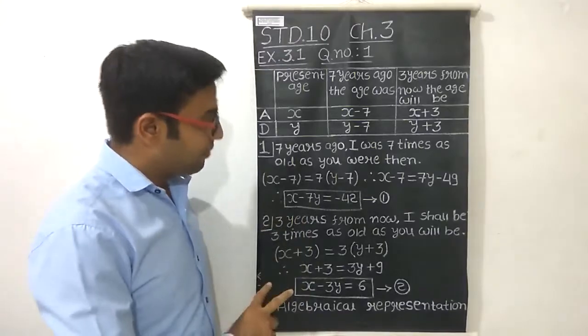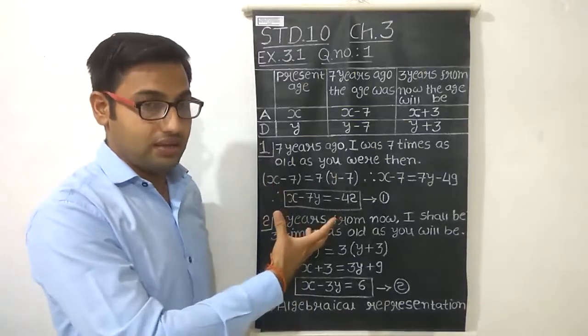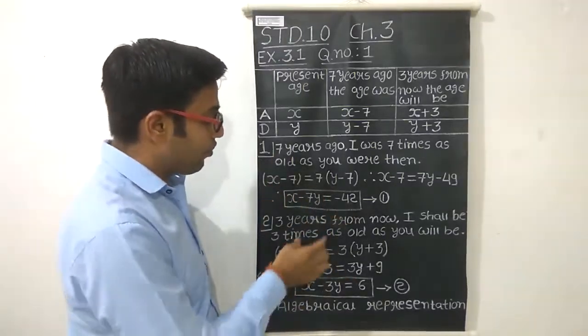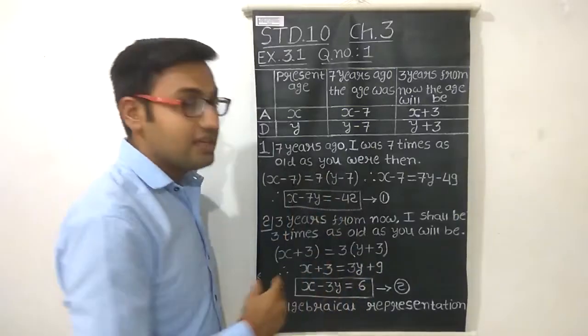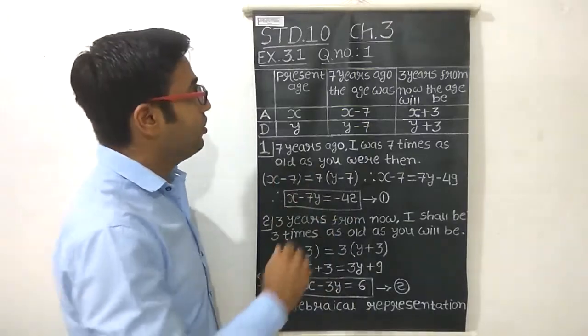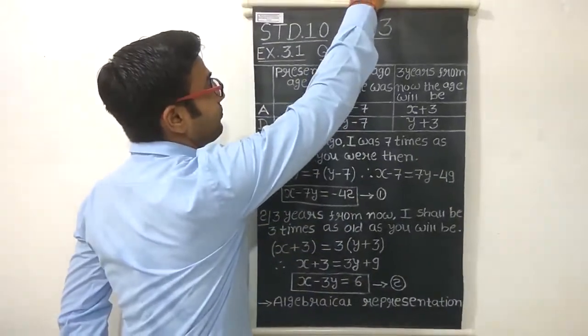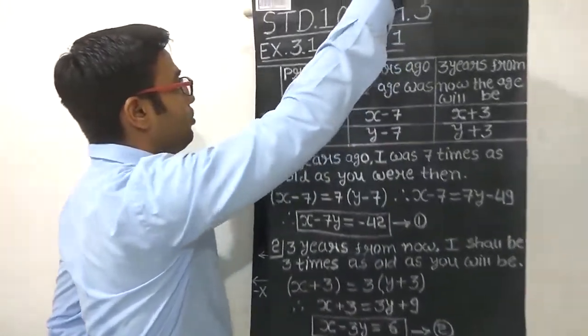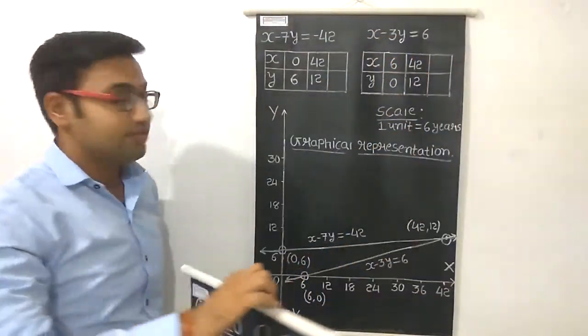Now we have to represent these situations graphically. Graphically means we have to draw the graph of first and second equation but on the same graph paper. Okay, so how to do it? See, both the equations I have written here, right?